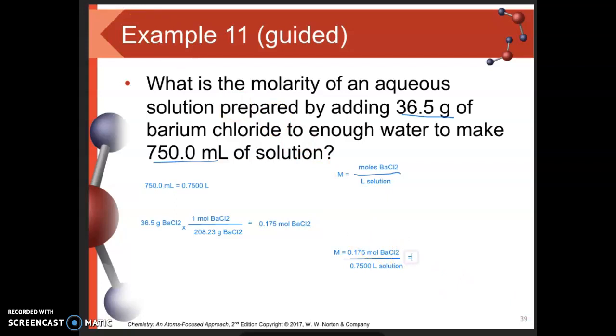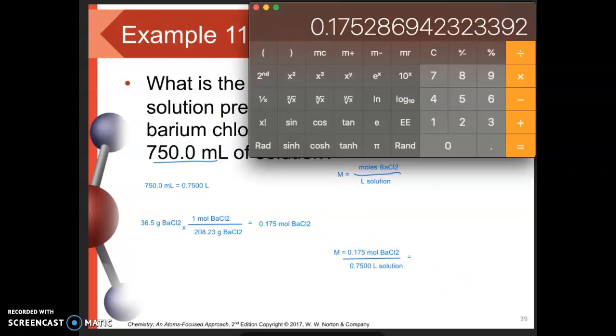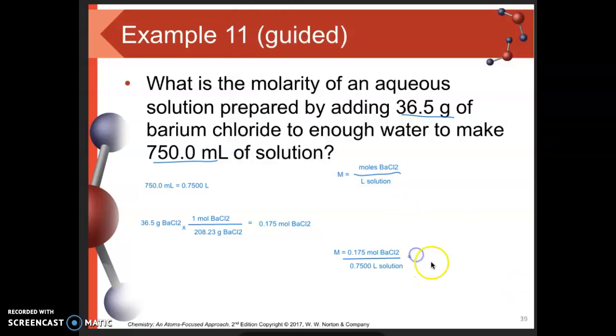And that equals, let's get my calculator out again, 0.175 divided by 0.7500. To 3 significant figures, I get a solution that is 0.233 molar barium chloride.